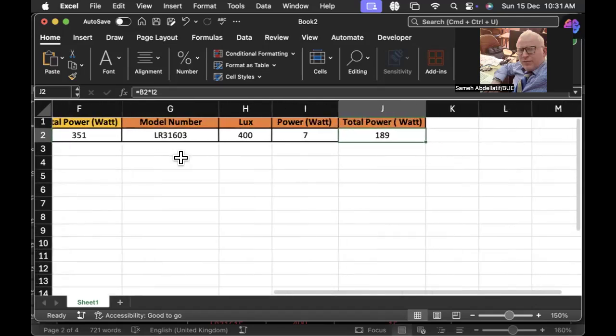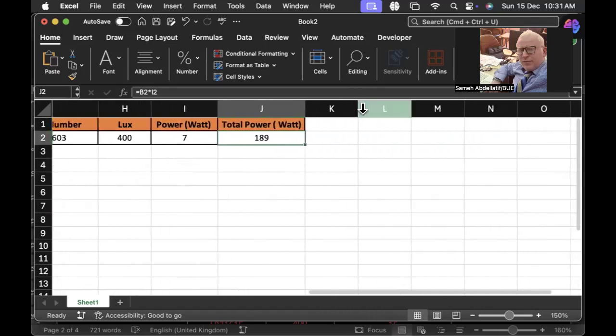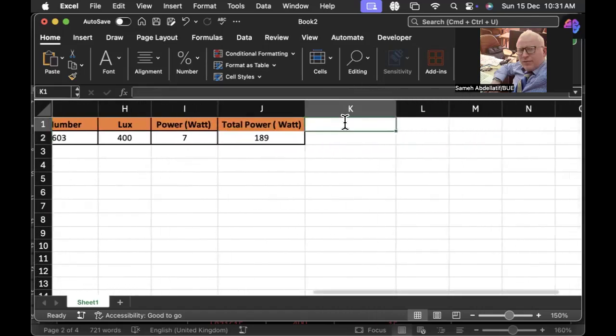Okay, now we can see that by substituting, we have a saving in power. Still, the unit is what?